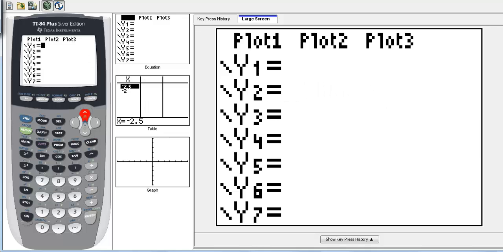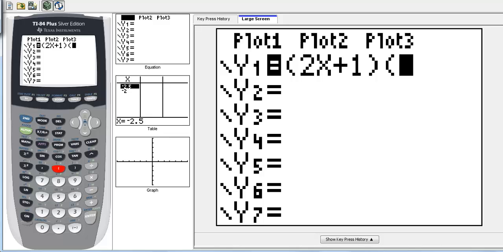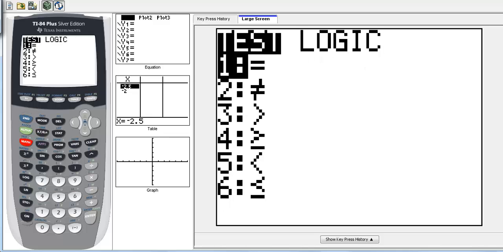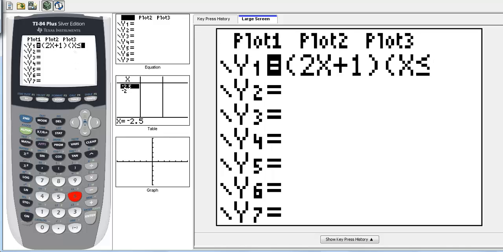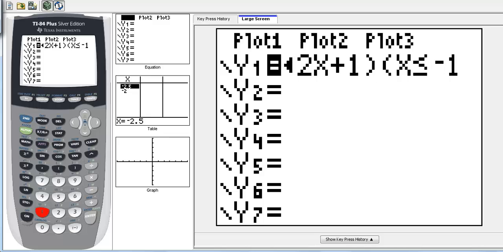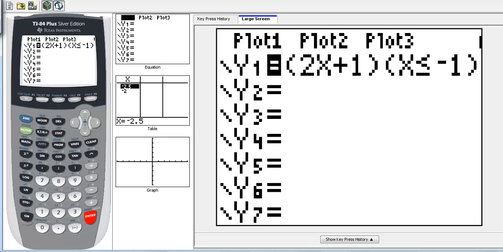So we're going to type in for y1, parentheses, 2x plus 1, close parentheses, and then we're going to type in our parentheses x, second function, math, less than or equal to, which is 6. So x is less than or equal to -1, close the parentheses, and then we're going to go down to y2.